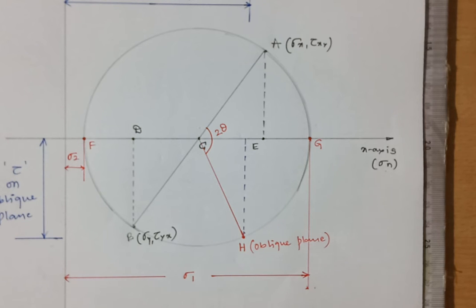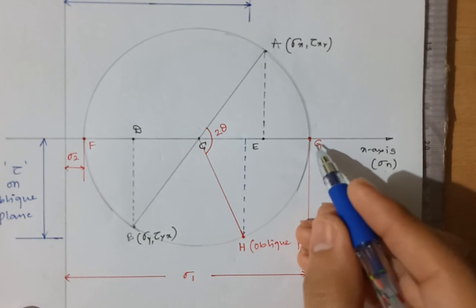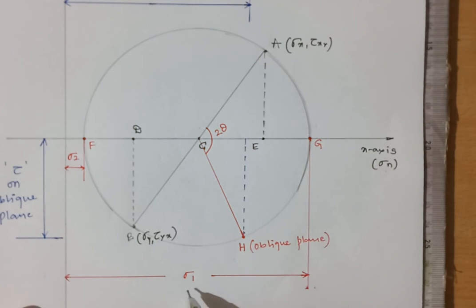Now let me find the location of principal stresses. I already know which are the principal planes: F and G are the principal planes, right? How are you going to mark the location? Just by using angles. So G is the principal plane which gives me the major principal stress.